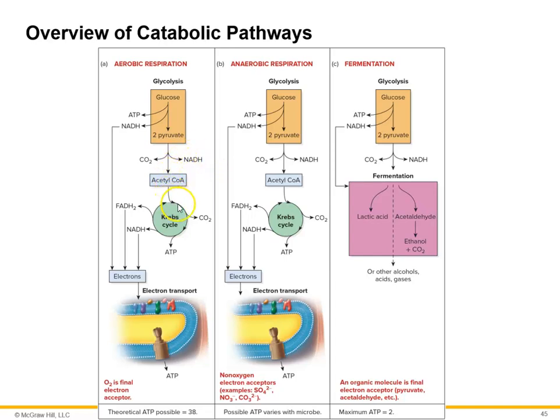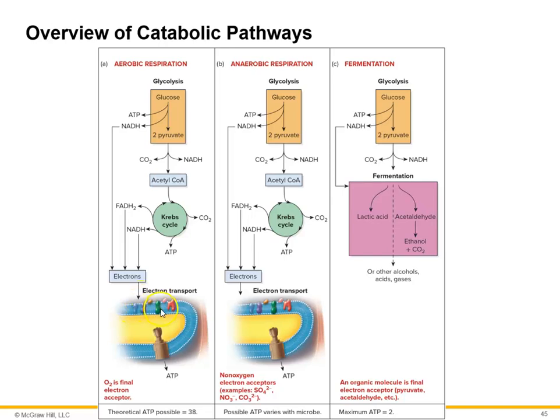Next, we enter the Krebs cycle, and what I want you to see here, the Krebs cycle is going to give off carbon dioxide. It's going to produce some ATP, and it's going to transfer electrons to more molecules that go on to carry those electrons to the electron transport system.